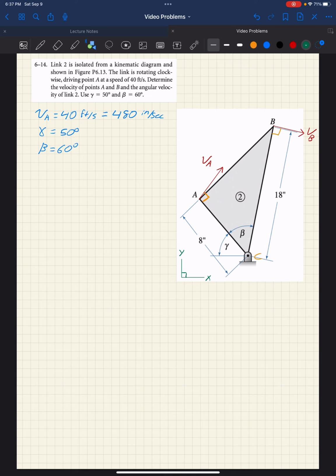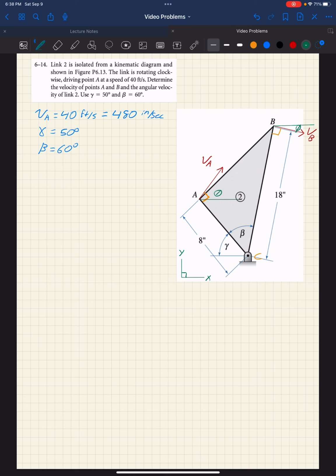We'll draw our x-axis at both points, and we'll label these angles. We'll call the angle between our reference x-axis and VA theta, and we'll call the angle up here between our reference x-axis and VB phi.